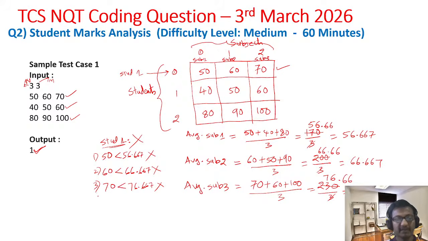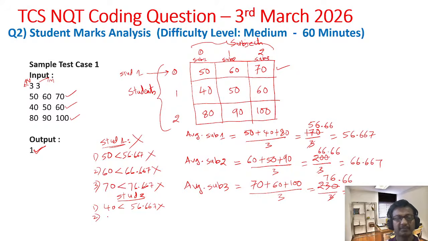Similarly, we calculate for student 2. In subject 1, 40 is less than 56.667, so in subject 1 he has not passed.